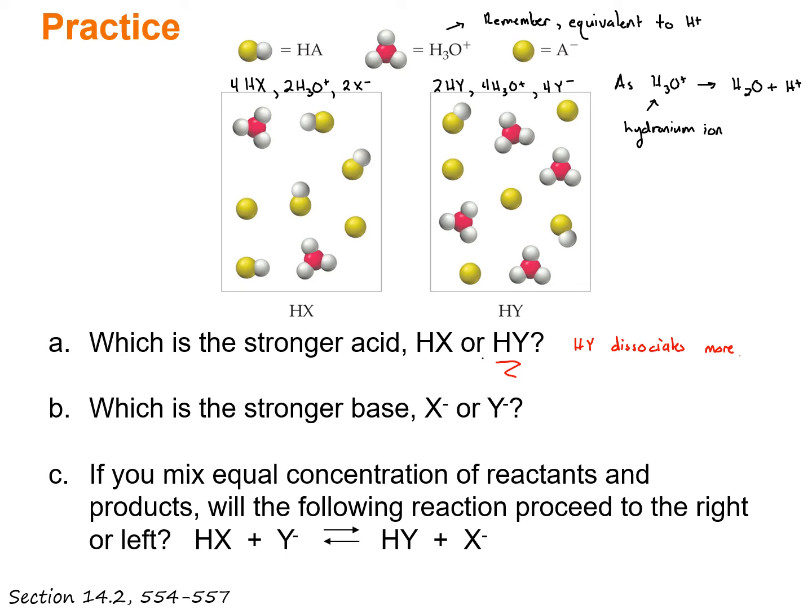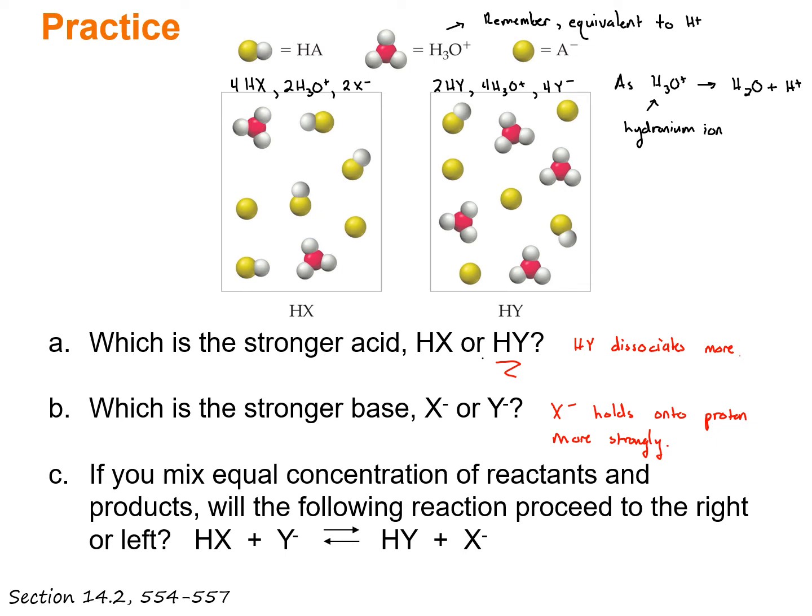Contrary to that, what is the stronger base? Well, X minus is holding on to protons more strongly, as an alternative way to look at things. The X minus is holding on to more protons and it's staying in the form of HX. So in that case, we can consider that X minus is a stronger base.